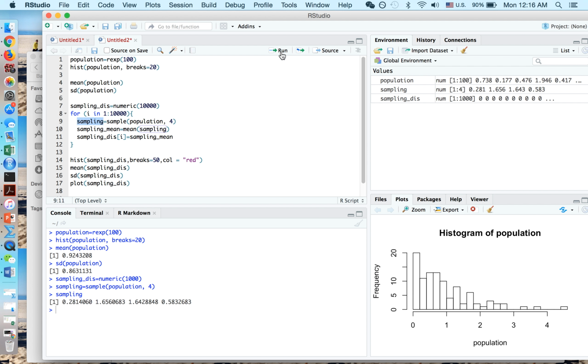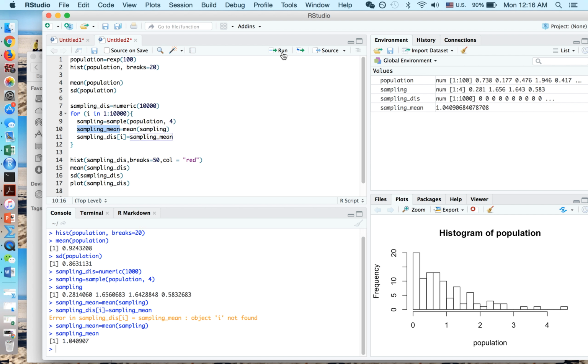I sample 4 values from it, and then I compute the sample mean. The sample mean of these 4 values would be approximately 1. And I'm going to sample it 10,000 times. So here it goes.